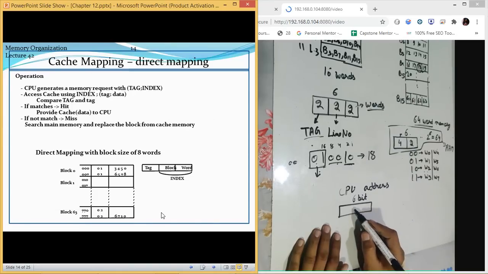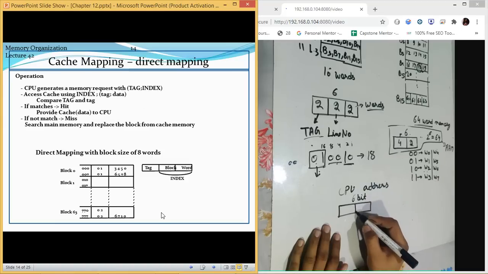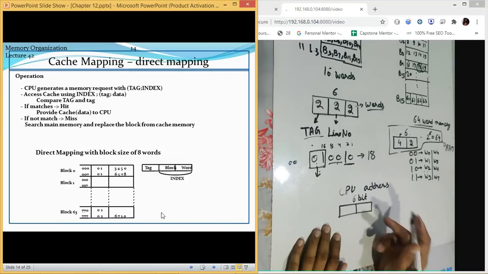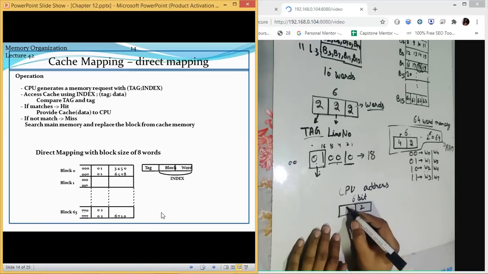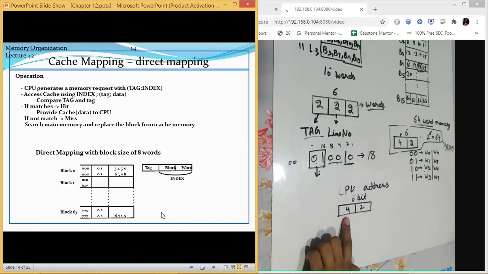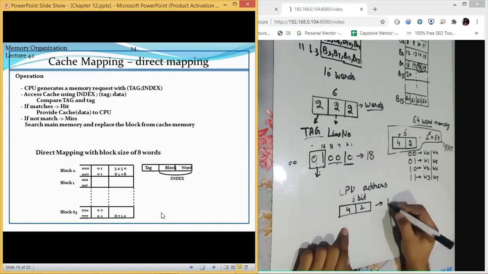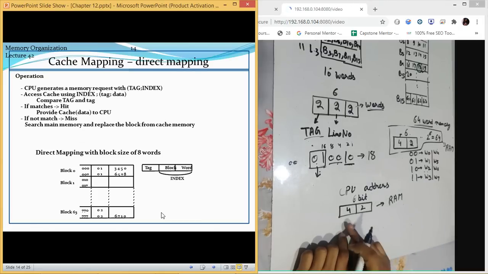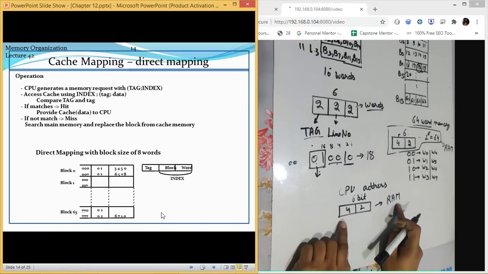Now that same 6-bit address can be used to access two different memories. If we combine it like this, it will be searched inside the RAM. RAM can be searched by combining these two parts and searching inside the RAM.